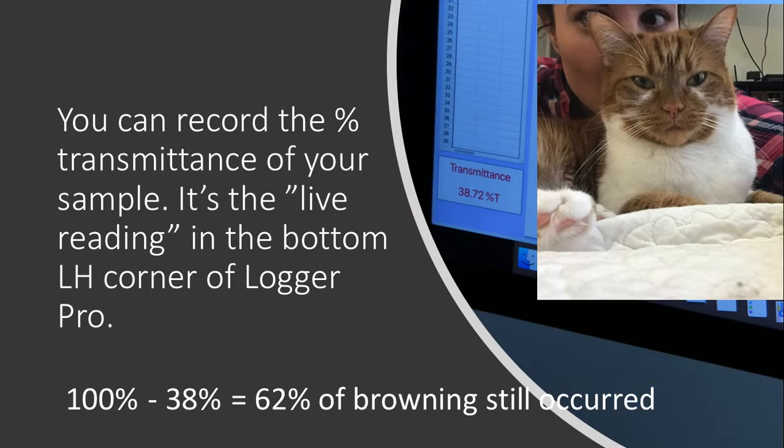You could also do the final number, which is 62% on your graph. Just make sure that your graph says how much light didn't shine through. It's up to you how you display it, and we'll have many different looking graphs this week as submissions from students, but there's lots of different ways to be correct. If you have concerns about how to display this value, which many of you probably will, feel free to reach out to me and I can describe it for you a little bit better.